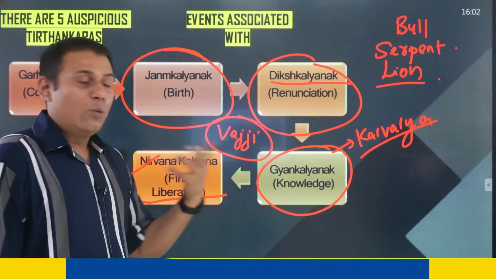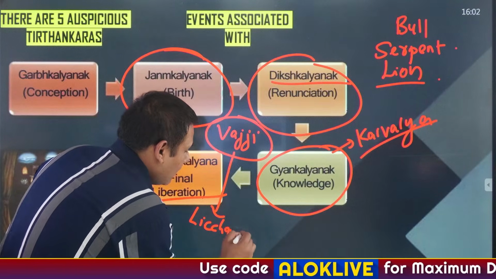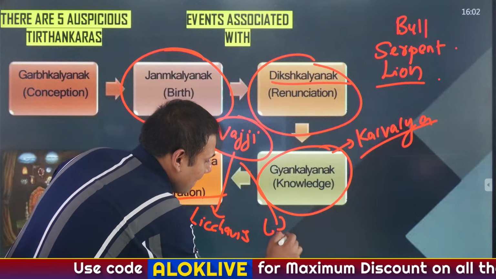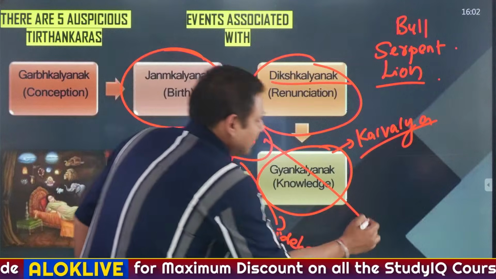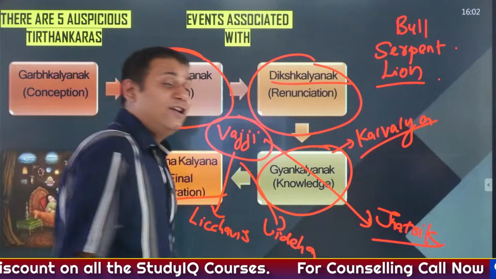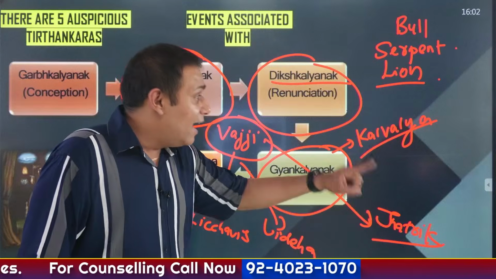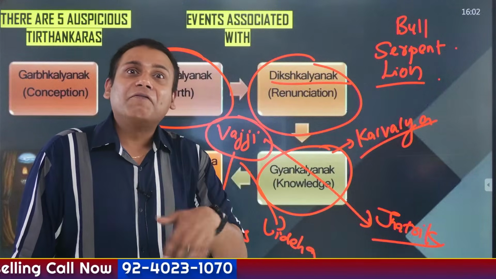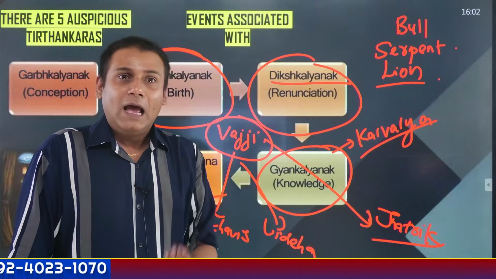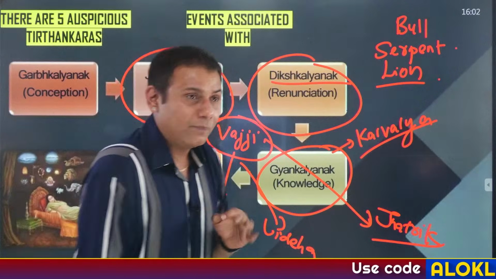One such clan was Lichavis, then comes Videha, then comes Natrik. And Vardhaman Mahavir Ji's father, Siddharth, was the head of the Natrik clan. Hence, Vardhaman Mahavir Ji was referred to as Nathaputra. And his symbol was lion. I'll repeat the concepts again.